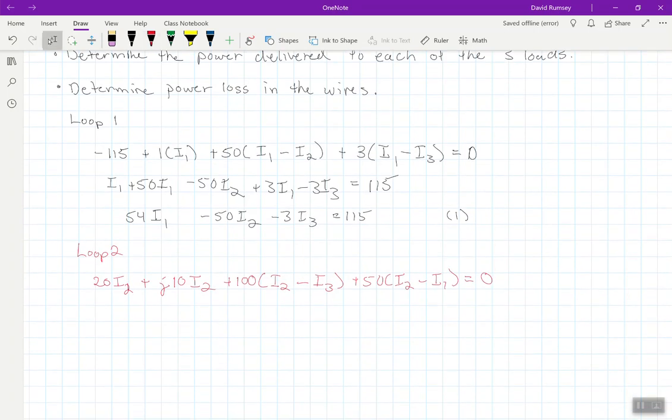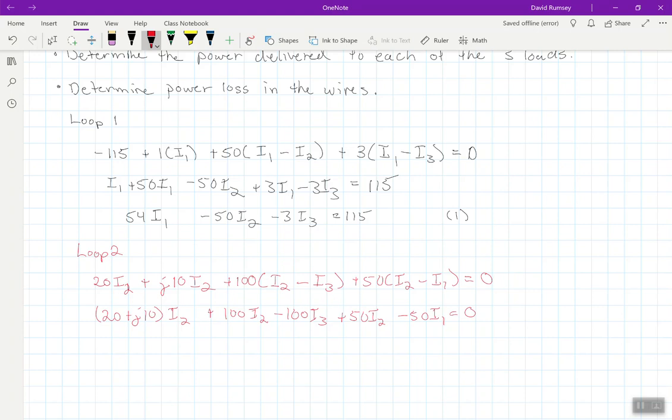And again, just like we did before, combine like terms. So I have 20 plus j10 times I2, I'll just factor that out. But then I have plus 100 I2 minus 100 I3 plus 50 I2 minus 50 I1 equals 0. Now let's finish combining terms.